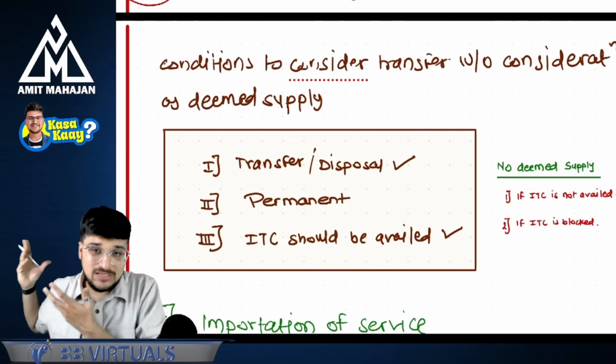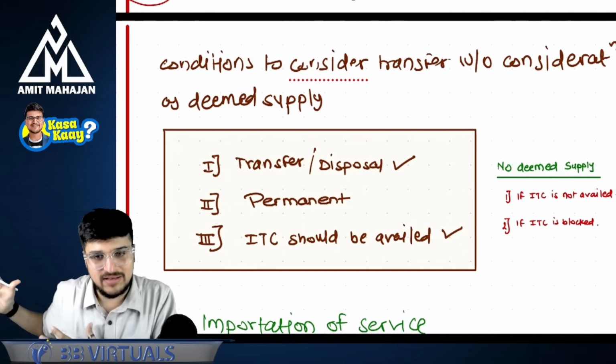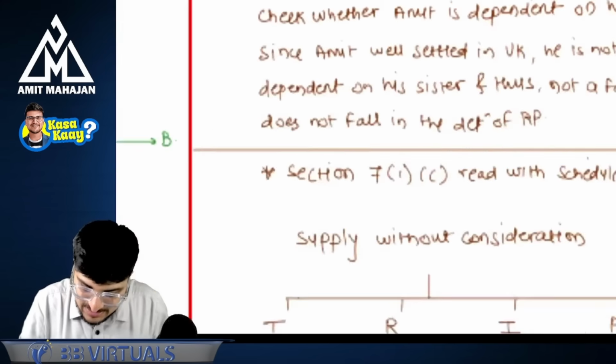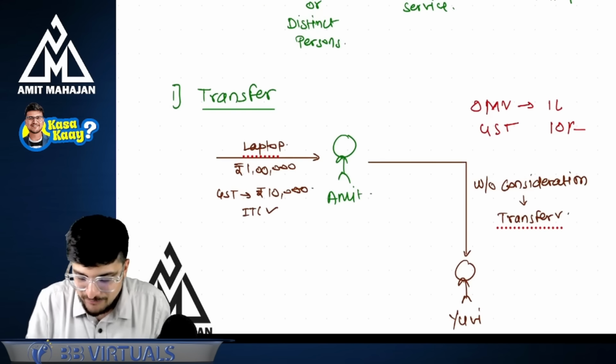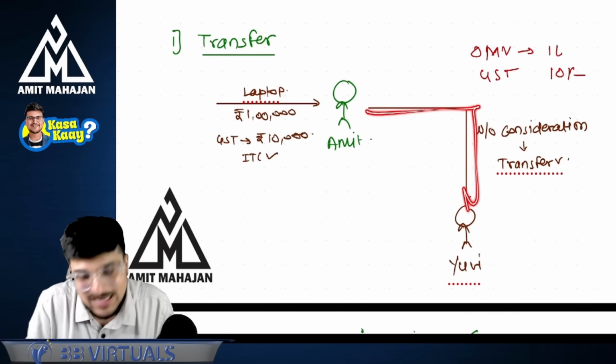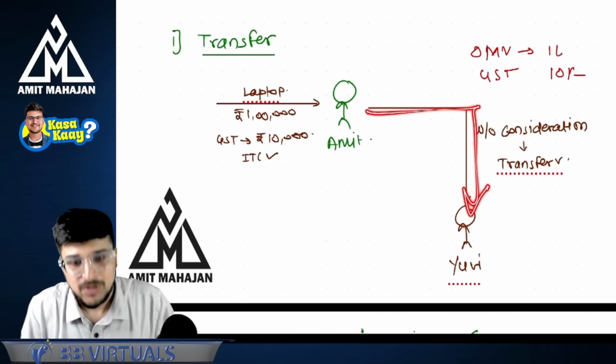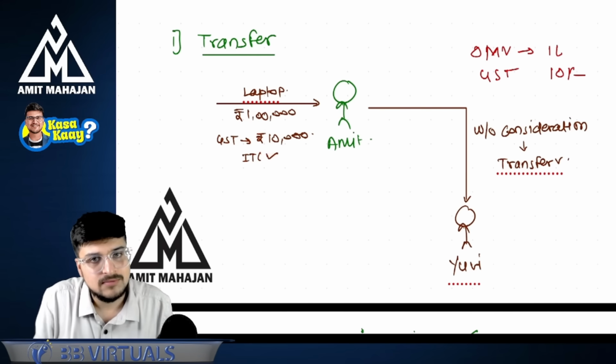If ITC is not taken, is there any concerning point for the government? See, the government is saying that if you're not using it for business and you're selling it further without consideration as a transfer, you should not have taken the ITC. If you've taken the ITC, then we will charge this transaction as a deemed supply. So you make a payment while utilizing the ITC.